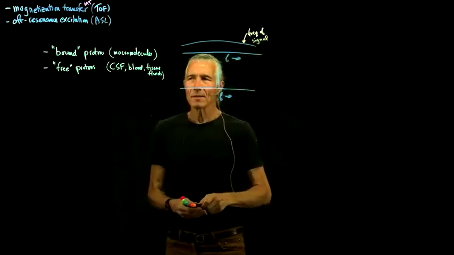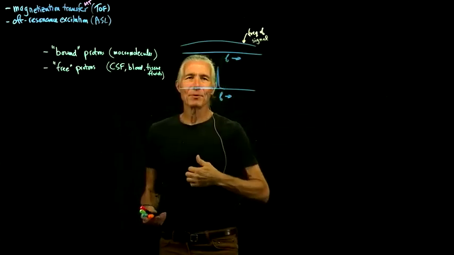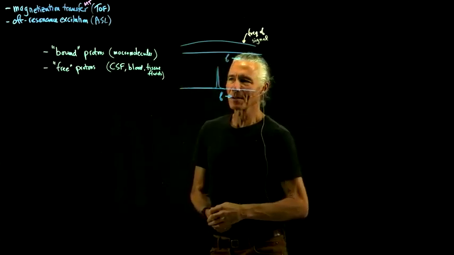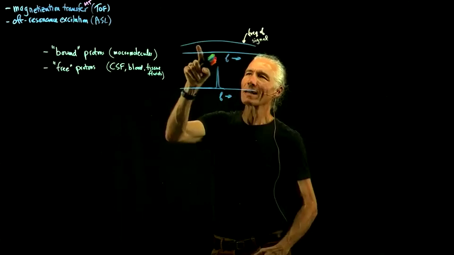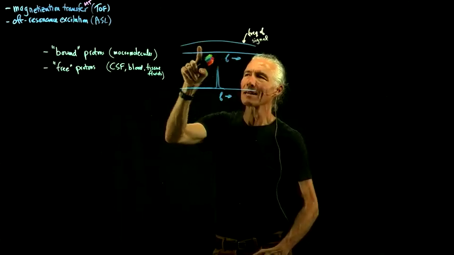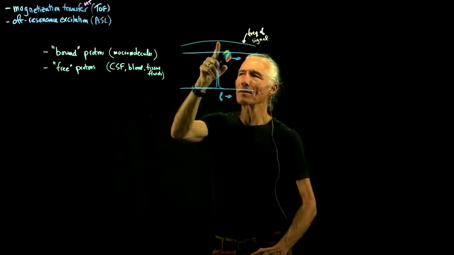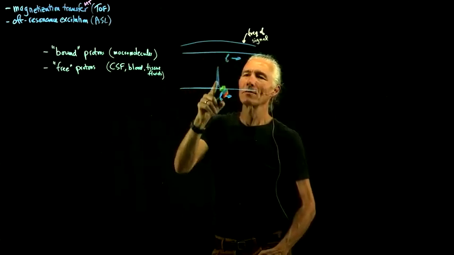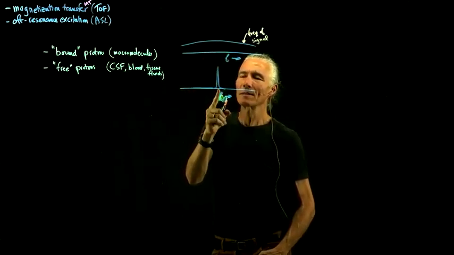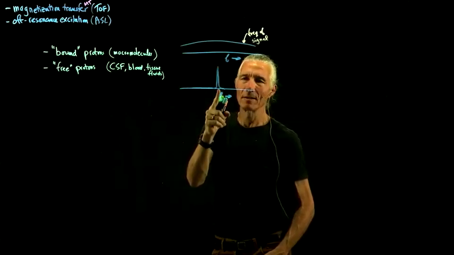So what's the basic plan of magnetization transfer? If you want to examine these guys, you're only hitting a small number of them when you use a very frequency-specific RF pulse that's designed to excite the water protons.